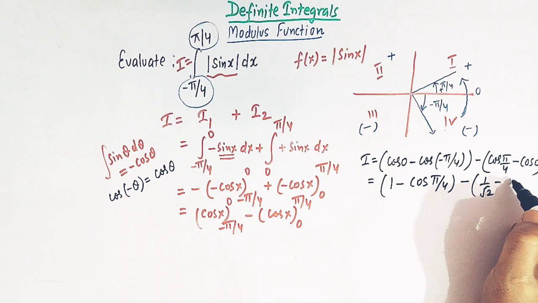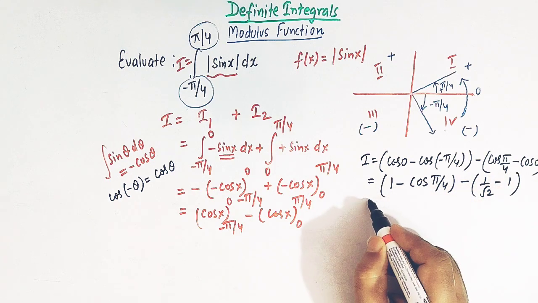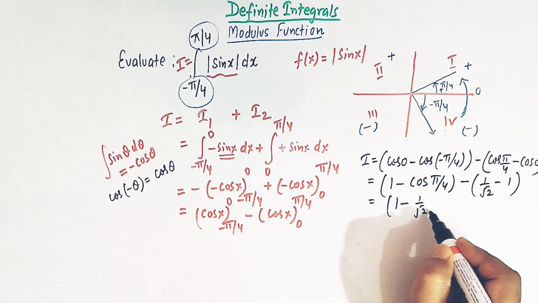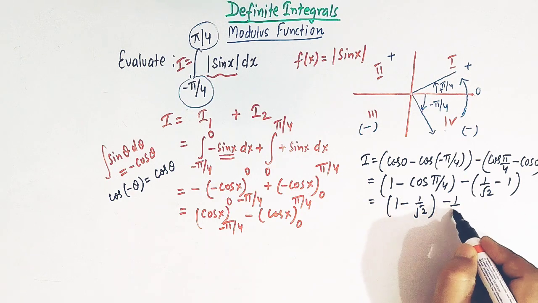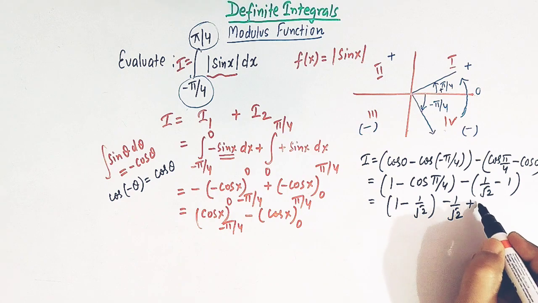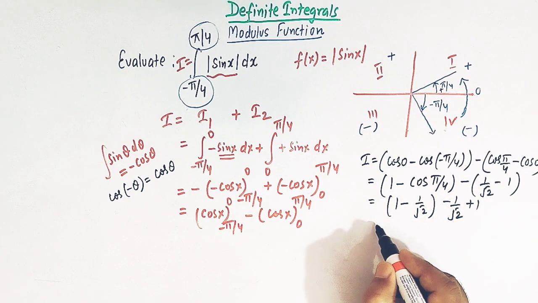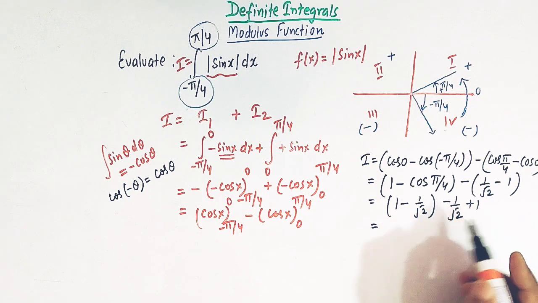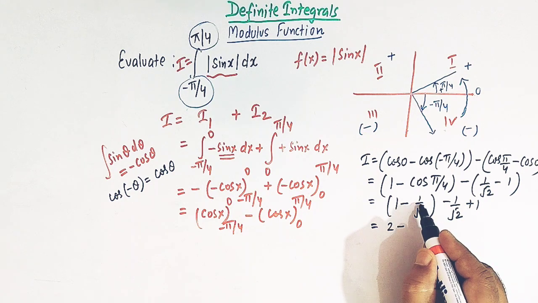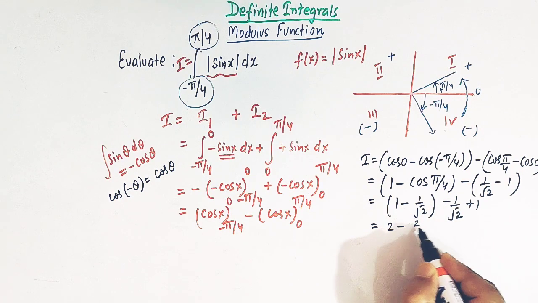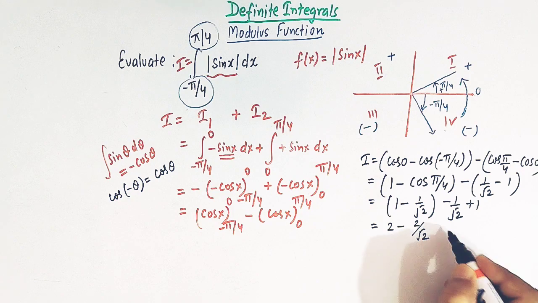So we have 1 minus 1 over root 2, and here we have minus 1 over root 2 plus 1. This minus and minus becomes plus. So we have 1 and 1, 2, and minus 1 over root 2 and minus 1 over root 2 is minus 2 over root 2.